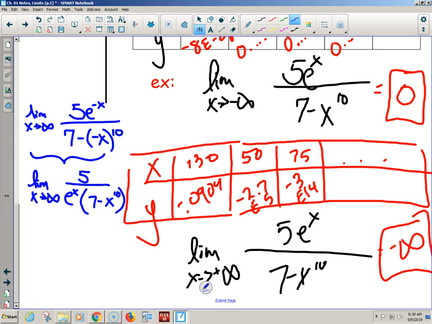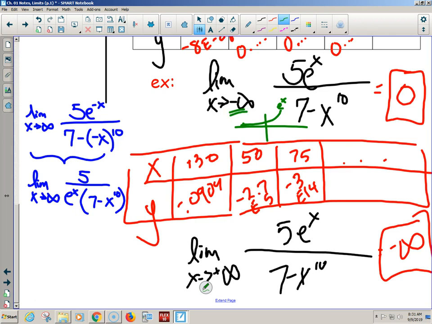Or if you want to think about it, if you want to come back over here, you could also consider the graph of e to the x and ask, what does e to the x do as I go to negative infinity? Doesn't it get smaller and smaller and smaller as I go to negative infinity?